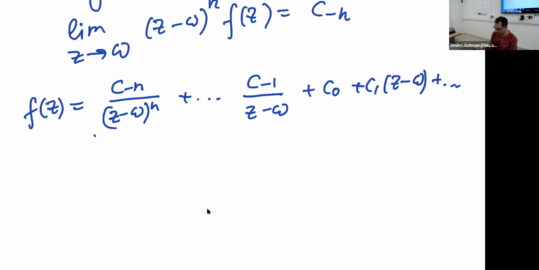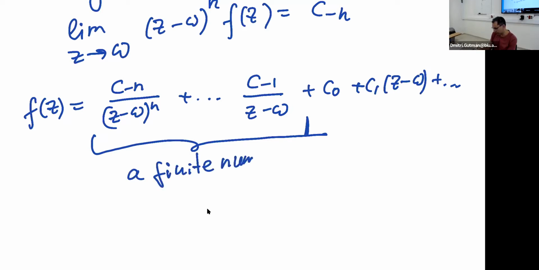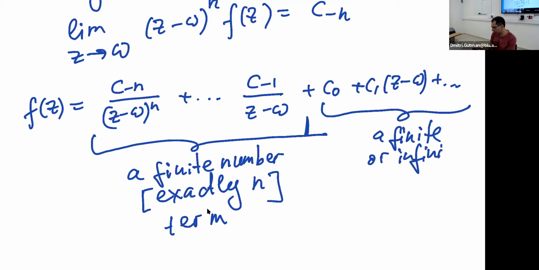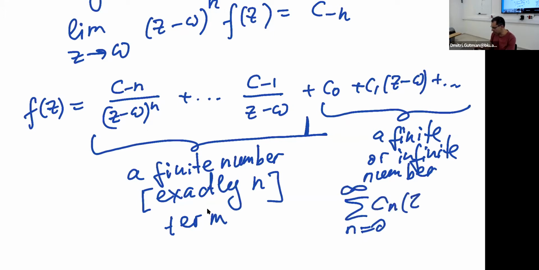What is really important here is that there is a finite number of terms with negative powers, exactly n terms, and then a finite or infinite number of terms with positive powers, the sum from 0 to infinity of c_n (z minus w) to the power n.